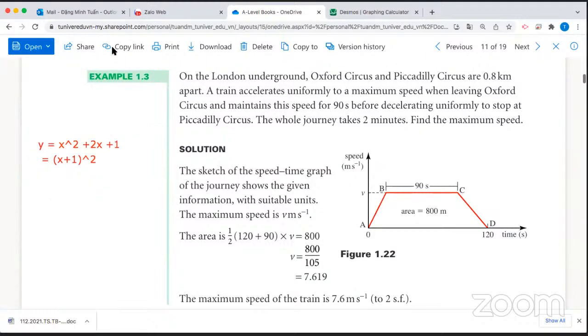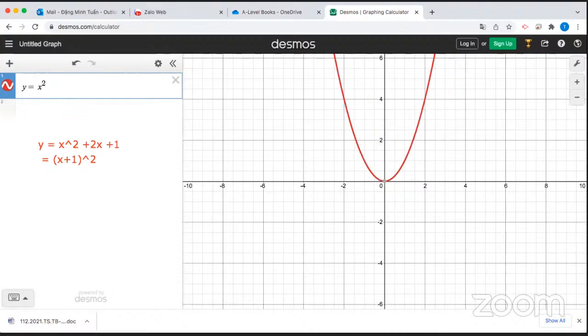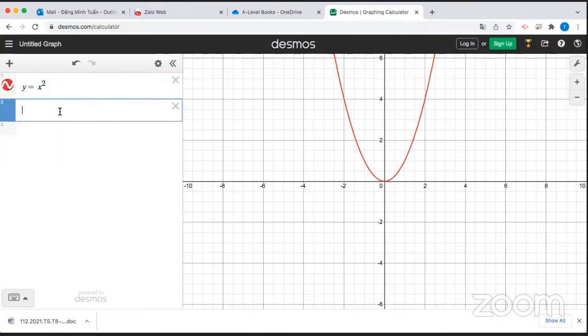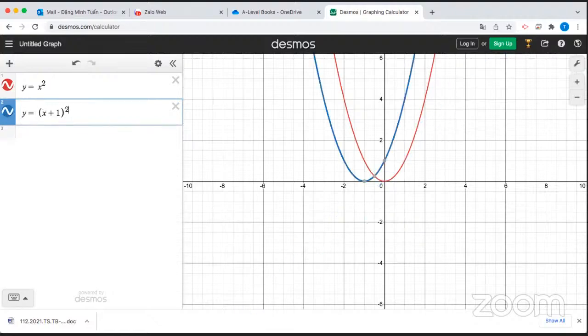I would like to tell you about the translation here. The first one, look at this one. And then the second one, I add another one. The second one, y equals x plus 1 squared. Now you can find out for me the relation between them.